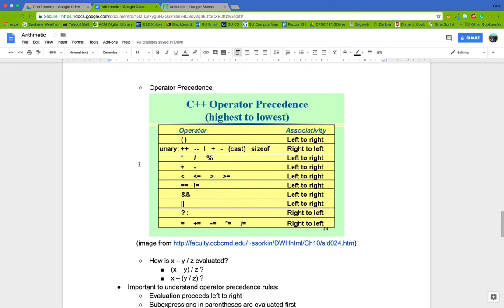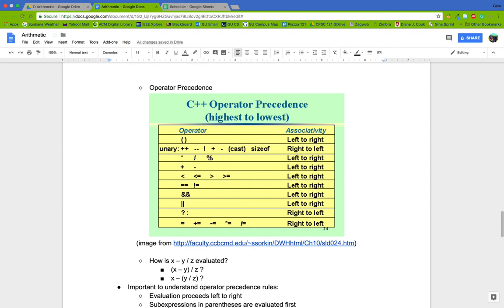Here's an operator precedence table that I highly recommend you keep around when first beginning to solve arithmetic expressions computationally. This table has the highest order of operations at the top and the lowest at the bottom. So for example, here is our assignment operator, and it has lower precedence than our arithmetic operators up here. Here's multiplication, division, and mod.